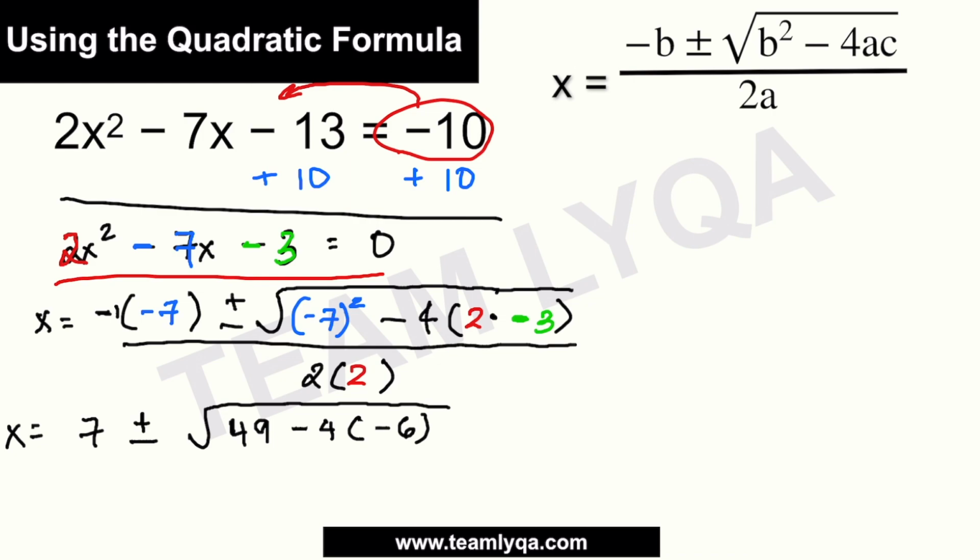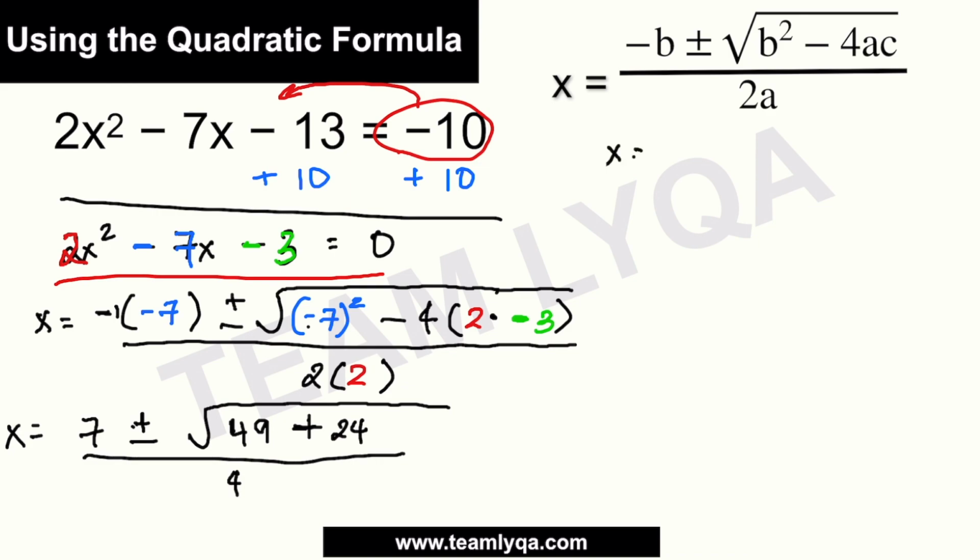That would be positive 24. So again, saan galing yan? This is just 2 times negative 3, negative 6 times negative 4. Okay? Tapos all over 2 times 2, which is 4. Alright, na isosolve lang natin sa right side.